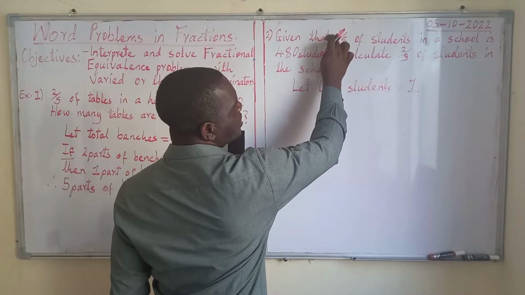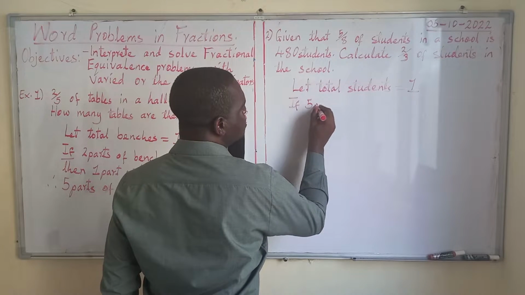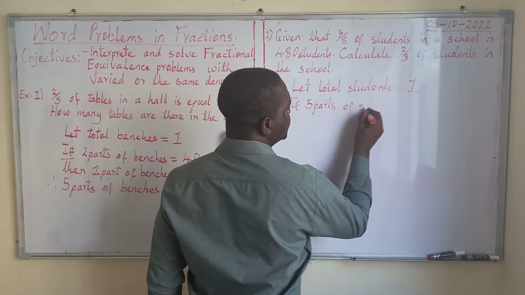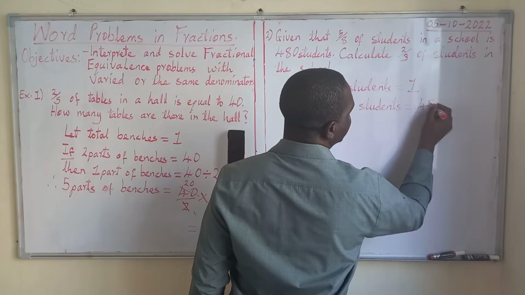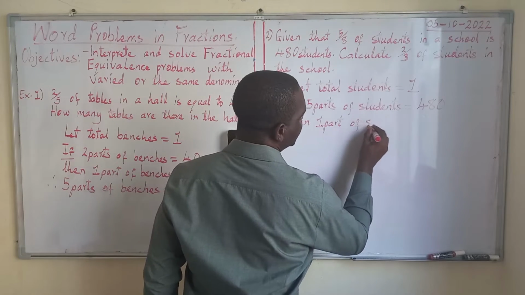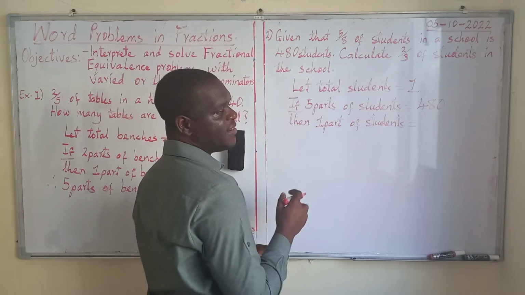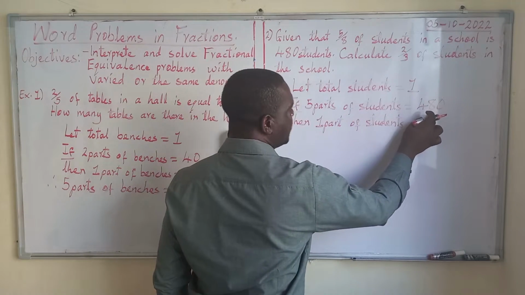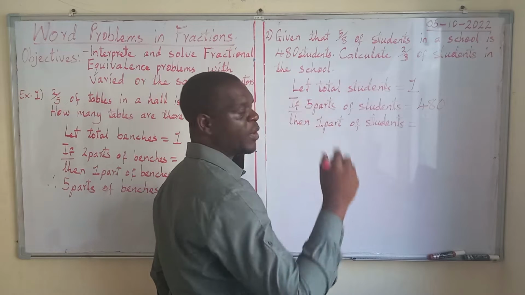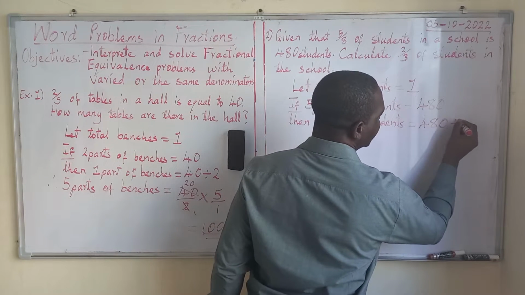We know 5 parts out of 8 parts. So if 5 parts of students is equal to 480, then 1 part of students will be equal to 480 divided by 5.